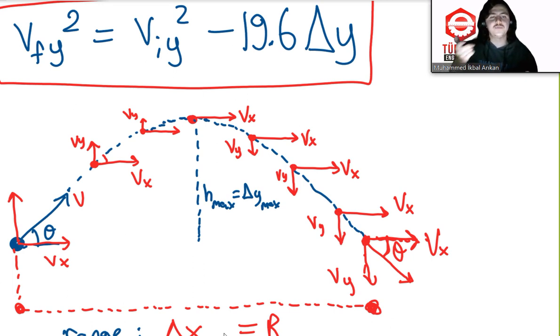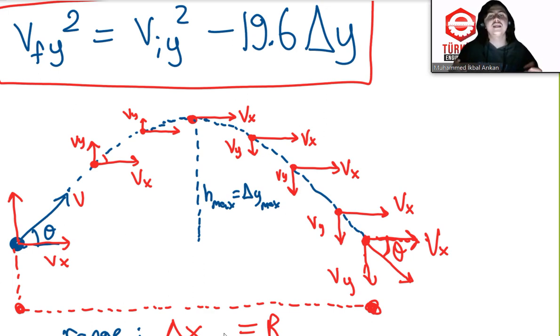When you play the video reversed, it will go back to reach here. This is just a flipping of your motion. If you take the second half of your projectile motion and reverse the video, you will start from here and reach there. Your path is the same, your velocities are the same.